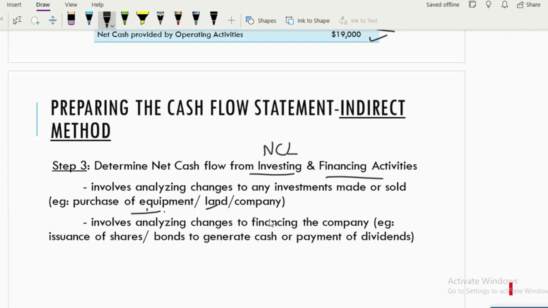If you see, we have land in the question. And for financing activity, look at your non-current liabilities and equity. If you remember, we don't have long-term liabilities, we have only equity shares, so we will be considering that. Also we have dividends, so we'll be considering that. So let's proceed towards the preparation of the investing and financing activities.